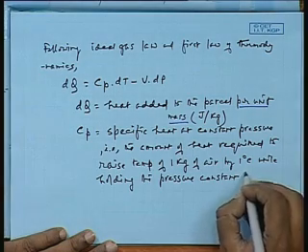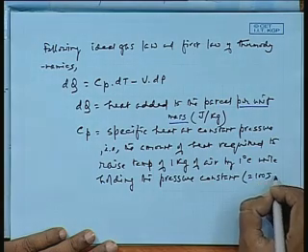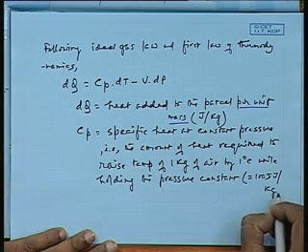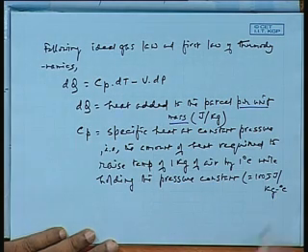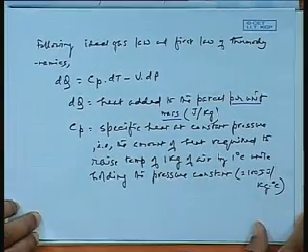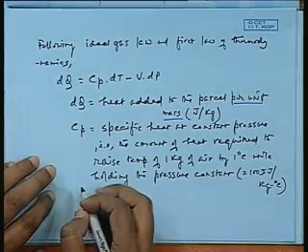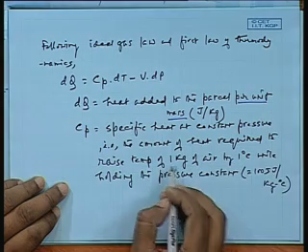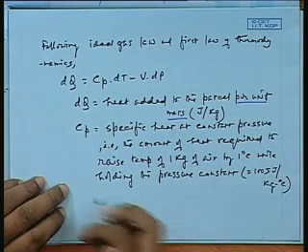For air we know it is about 1005 joules per kg degree centigrade. So this is Cp, which is nothing but specific heat at constant pressure, at a particular pressure we consider this to be 1005 joules per kg degree centigrade.